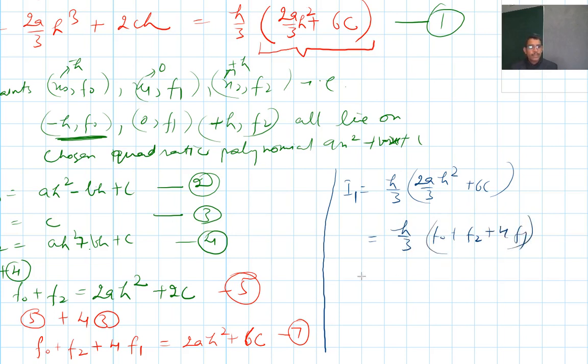So this can also be rearranged in a way that the integral of f(x) dx from x0 to x2, let us call it I1, is h by 3 (f0 plus 4 f1 plus f2). That's what we are getting, right?